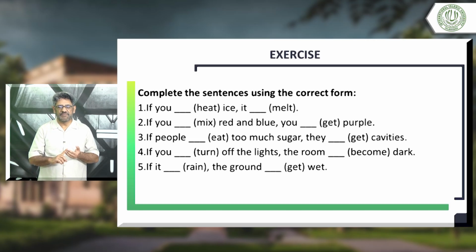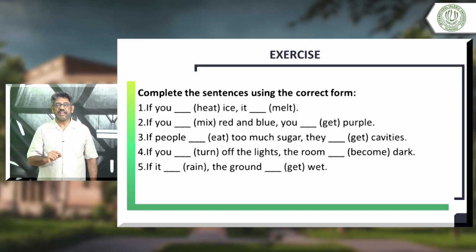Use the first form of the verb without to. Use the base form. We don't need to use the past or the past participle here. If people eat too much sugar, they get cavities. Now this sentence, I've made it for you. If people eat, I cannot say here if people ate. Remember, this is the zero conditional.